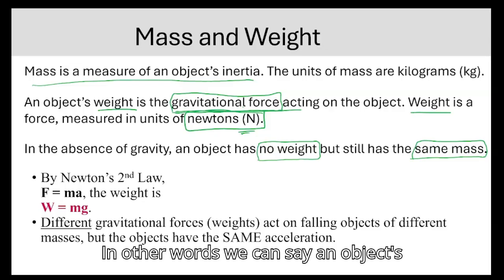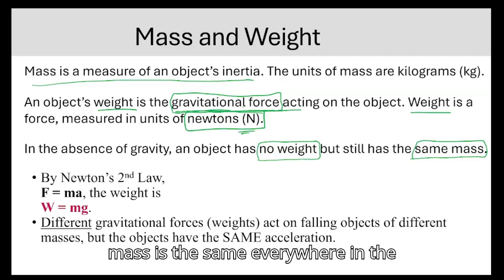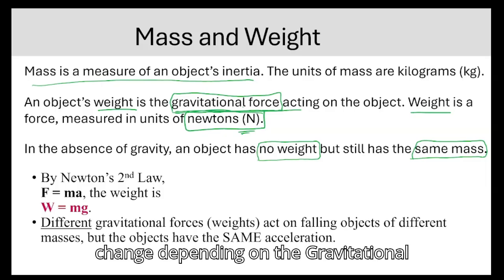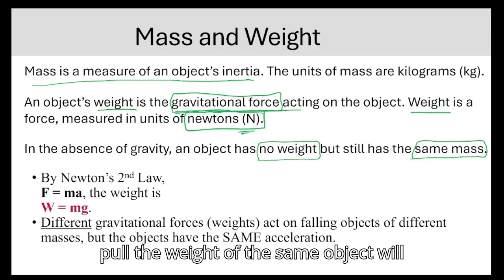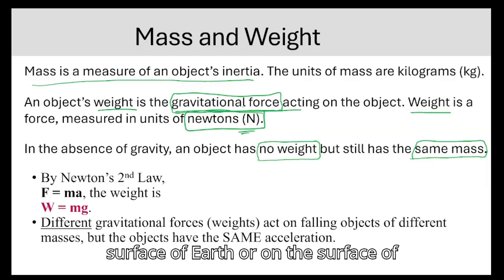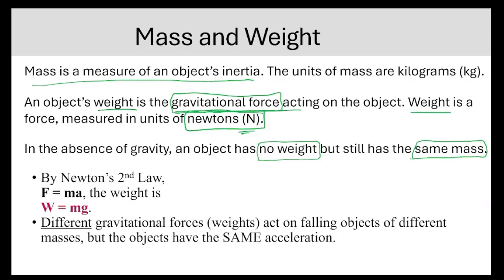In other words, we can say an object's mass is the same everywhere in the universe, but its weight can change depending on the gravitational pull. The weight of the same object will be different if we were to take the weight on the surface of Earth or on the surface of, for example, the Moon.